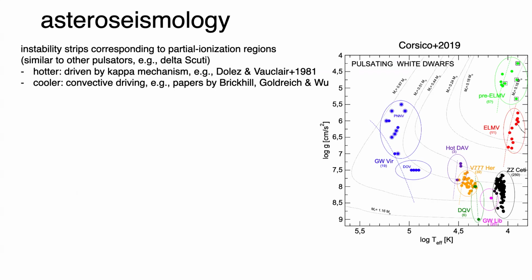Or it could be something cooler, like convective driving, like in the sun, which you can see in papers by people like Brickhill, or Peter Goldreich and Yanqin Wu, who wrote several papers in either order. And basically, they pulsate usually when the surface is the correct temperature to be consistent with a partial ionization zone. So it probably has to do with convection, why they're being driven.